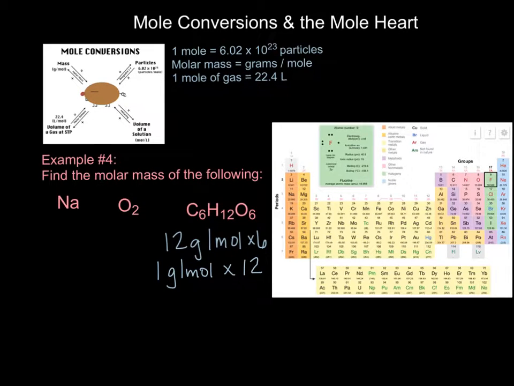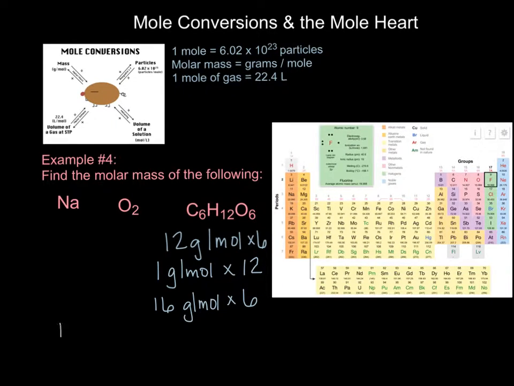And then finally, my oxygen again. I know that my atomic mass of oxygen is 16 AMU, so my molar mass of oxygen is 16 grams per mole, but I have 6 oxygens.